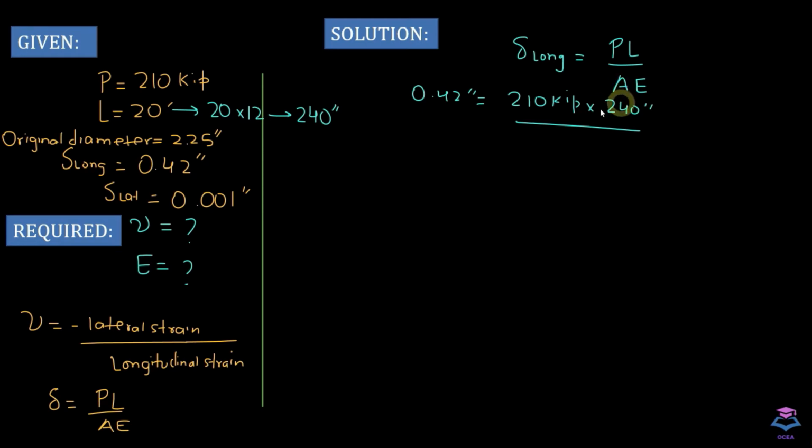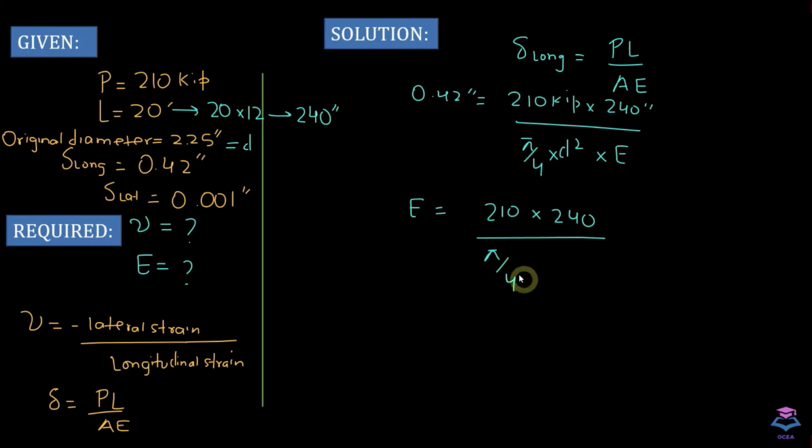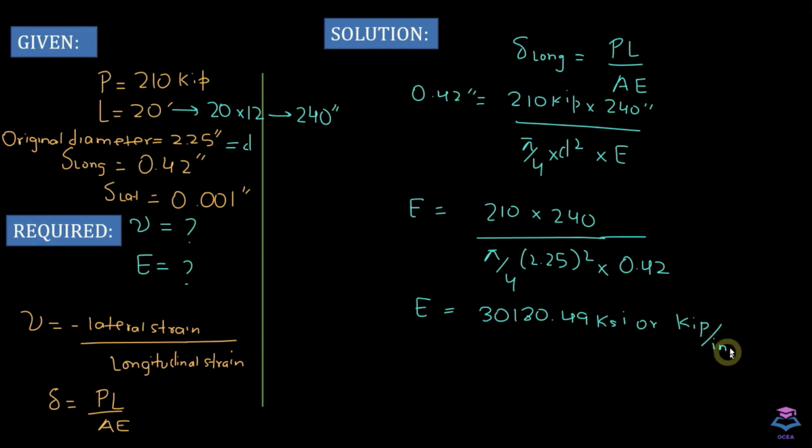And A is equal to the area of the cross section of the bar, which is equal to pi upon 4 multiplied by d square, where d is the original diameter, multiplied by E. If I take E to the other side and substitute d equal to 2.25, and solve it, E comes out to be equal to 30180.49 ksi, or kip per inch square.